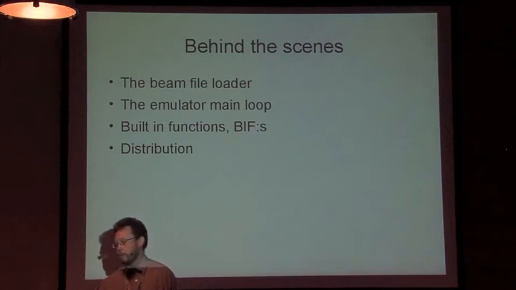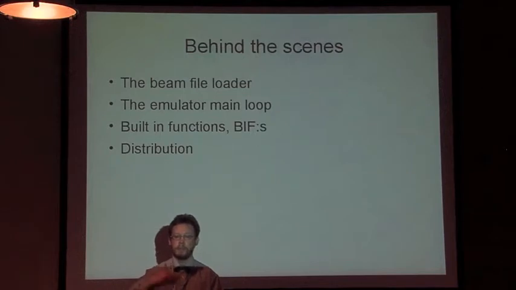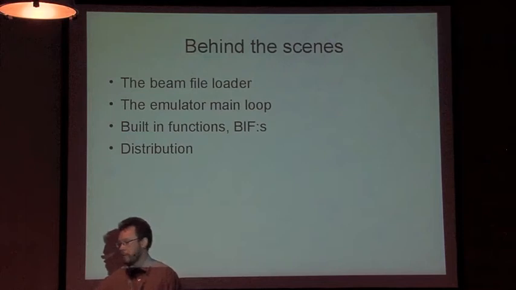It's a very, very short part of the program. There's the emulator main loop, which is the heart of the system, where you chew the opcodes and execute them one by one in a continuous loop. There are the built-in functions, and there are many of them, I can tell you. I'll talk a little bit more about that later. And finally, there's the distribution mechanism.